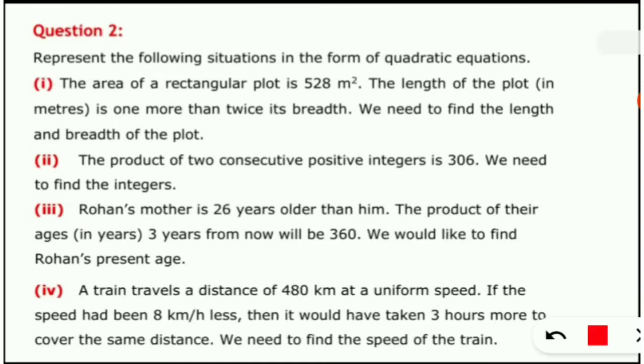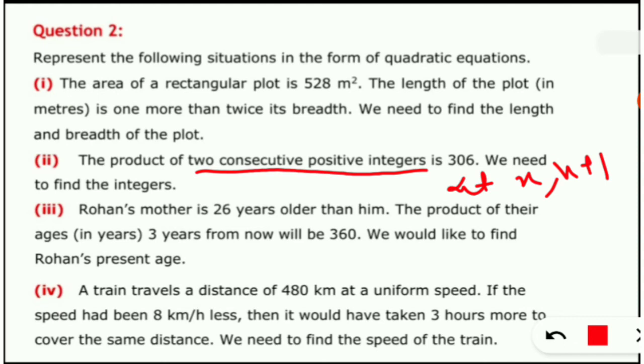Next, row number 2. The product of two consecutive positive integers is 306. We need to find the integers. Very simple. Two consecutive positive integers, that means if we take the first one to be x, then the next is x plus 1.